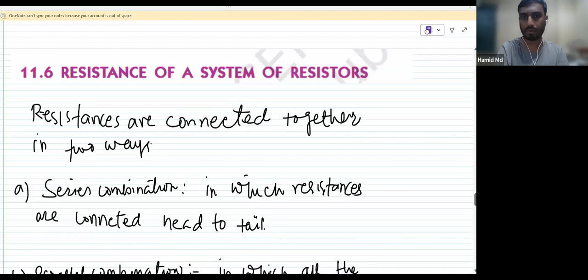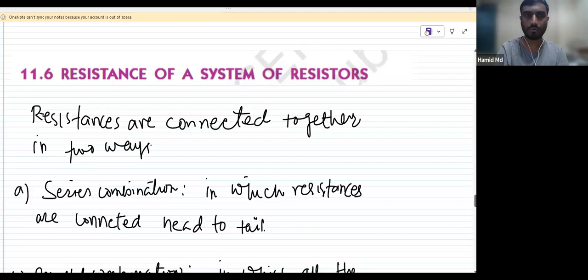This is based on the table. Give me 1 second, okay? Just disable back.